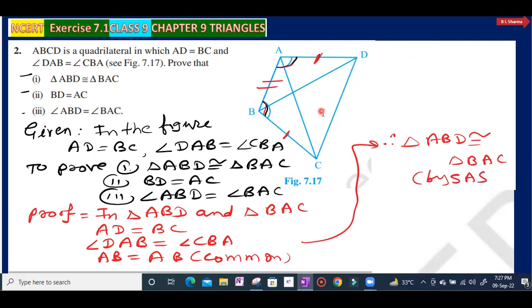See here, ABD, ये साइड AB, ये एंगल B और BC. And BAC, see here, BAC, AB, BC and included angle. Triangle ABD, AD, angle A and AB. So by the rule side angle side, the two triangles are congruent, and this is proved first part.